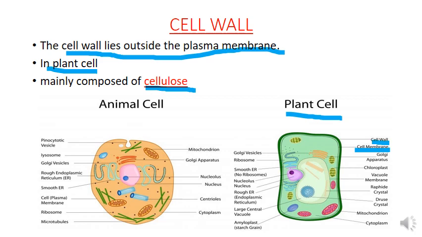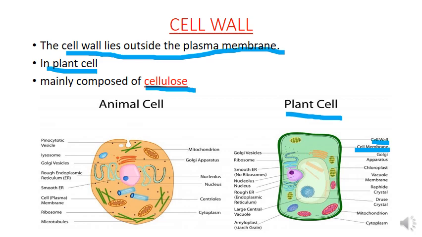Then from this figure, can you note any other differences between this plant cell and animal cell? Okay, you have to note some differences, and you have to tell it to me in the homework session.